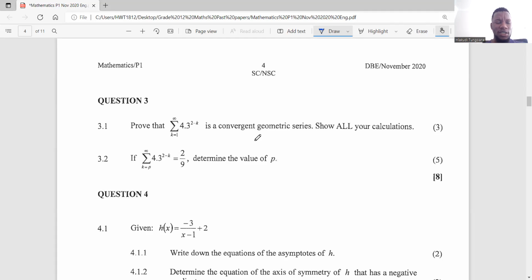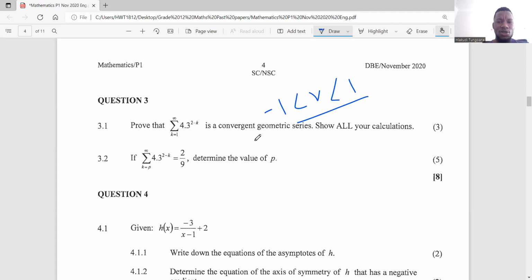A geometric series is said to be convergent if the ratio r is between -1 and 1. So essentially we just need to show that r for this sequence is between -1 and 1. Then we will have proved the answer, right?